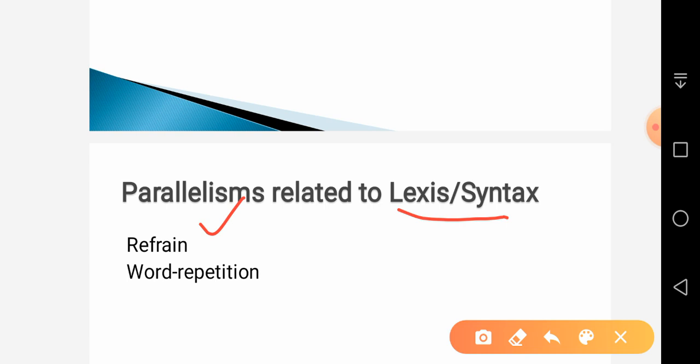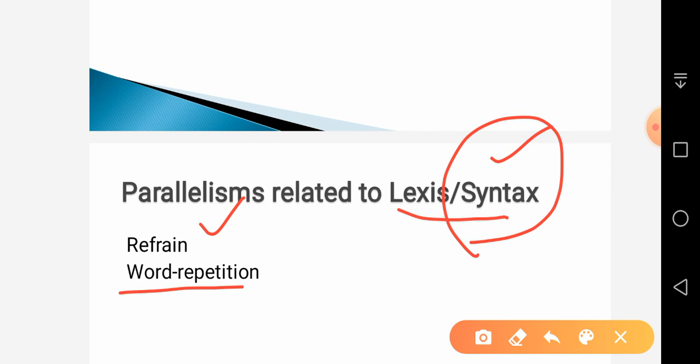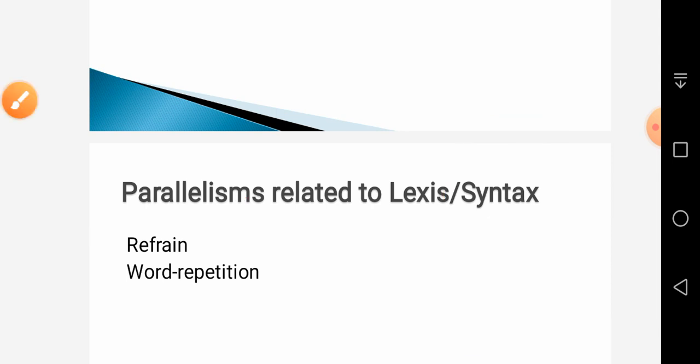Then in Julius Caesar, when Antony gives his speech, I can't remember the exact words, but he uses this phrase again and again: yes, they all are honorable men. So this word repetition or syntax repetition is done by literary artists in order to give the text cohesion. This cohesion is maintained with the help of repetition. This is known as parallelism.